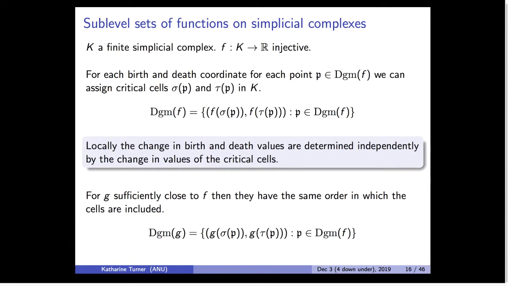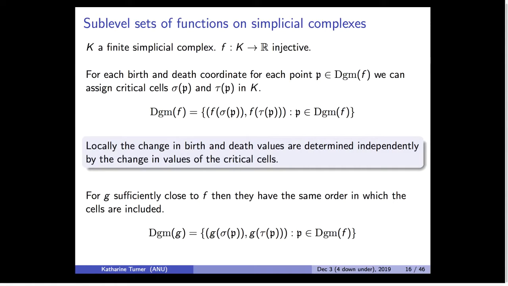If I look at the persistent homology from this, for every point in the persistence diagram there is a specific simplex which corresponds to the birth, and a specific simplex that corresponds to the death. I've written these as sigma and tau. So for each point p, there is a sigma of p and a tau of p, and they are the simplices, in a discrete Morse theory kind of way, that are critical cells.